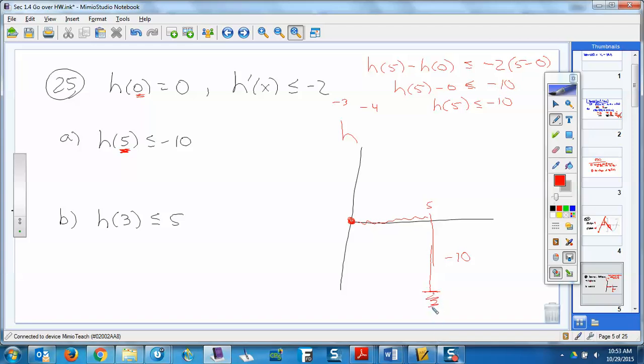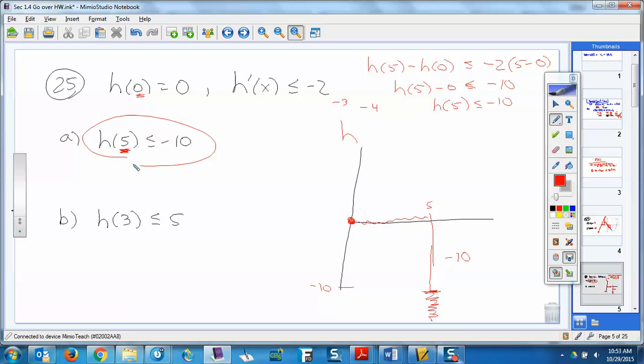So it looks like h of 5 has to be negative 10 or lower, which of course is what that says. So a picture with a few words saying, if you go over 5, you have to go down at least 10, but you might go more than that, so h of 5 has got to be less than or equal to negative 10, is a really good explanation, and really shows you understand what's happening, okay?